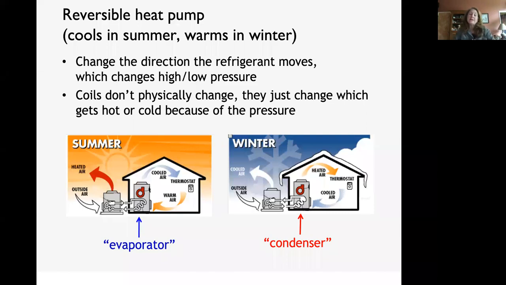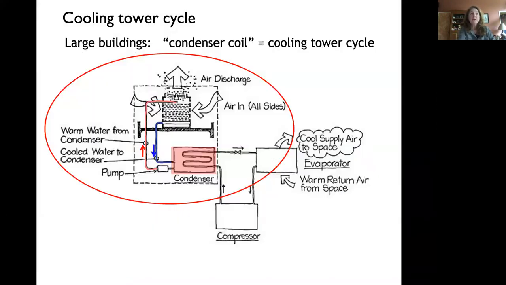All right, so I've been using the example of a window box air conditioner or a refrigerator. I'm using these pictures of a little house. But when you get into a commercial building and you're trying to condition a really large space, you have to move a lot of heat. So rather than air blowing over the coils, we know that water has a much higher heat capacity.